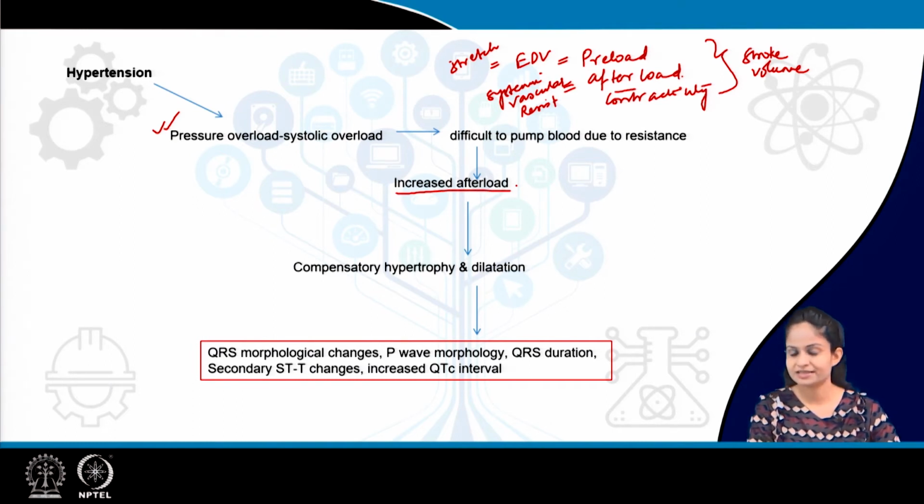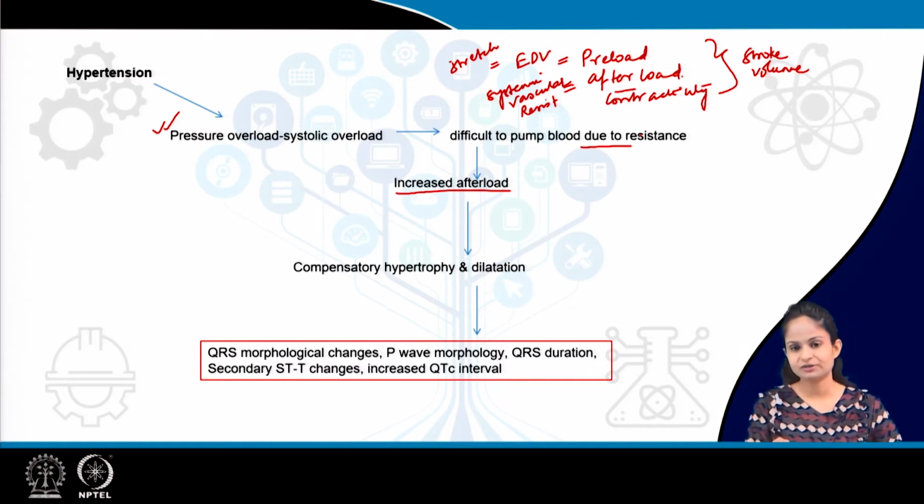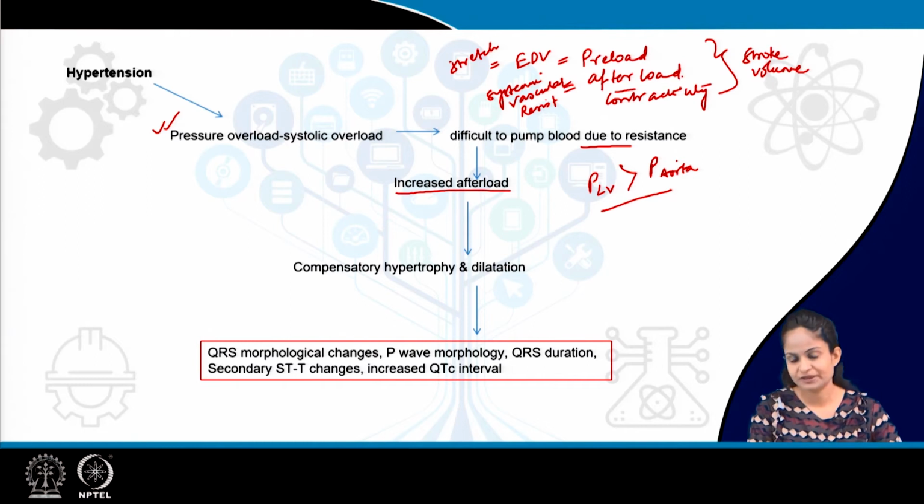Because of this, the heart, particularly the left ventricle, will face difficulty to pump the blood out towards the aorta, because pumping of the blood from the ventricles to the aorta mainly depends on the ventricular pressure and the aortic pressure. Here aorta is the systemic blood vessel we are talking about. So, the ventricular pressure should be more, but whenever the reverse happens, that means the systemic vascular resistance is more and the aortic pressure is more, at that time the pumping will be difficult.